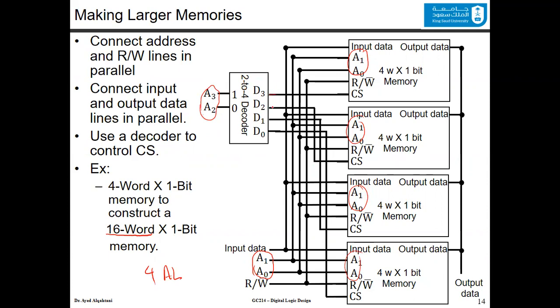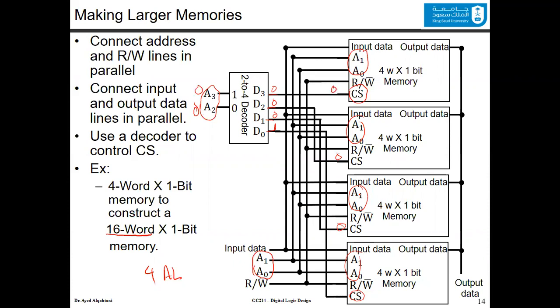This will generate 4 lines for us, and we will pick the correct memory this way by using the chip selects. So if we have the memory location that we want to access in the lower 4 words, we need to make this 0, 0 to make sure that this is 1 and the others are 0, which means that we chip select this memory and we don't select the others.